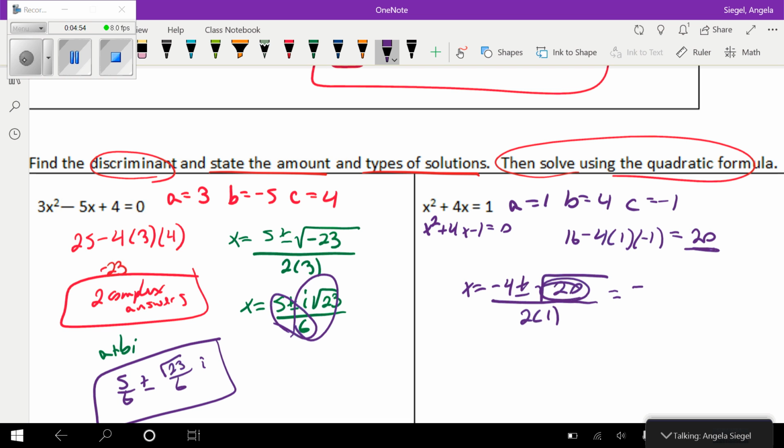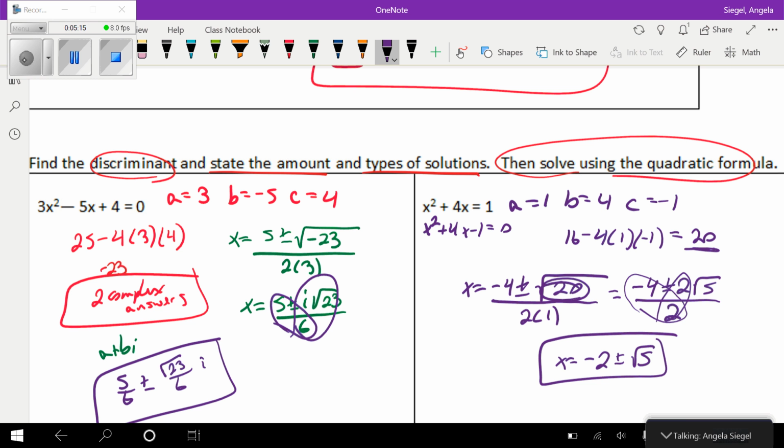A 4 is going to come out, and so the square root of 4 is 2, so it's going to be 2 square root of 5 over 2. And then I'm just going to simplify this again, because -4 divided by 2 is -2, and then I have a 2/2, which is 1. So my final answer is going to be -2 plus or minus square root of 5. Okay, keep going.